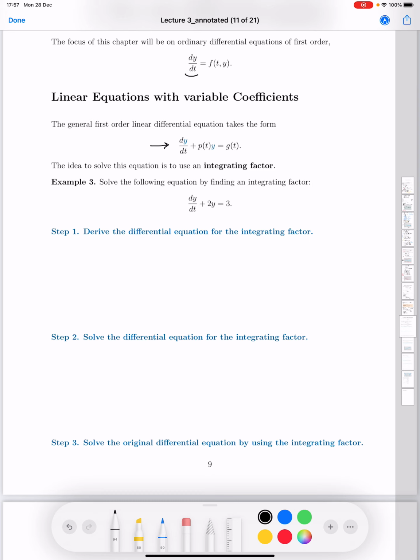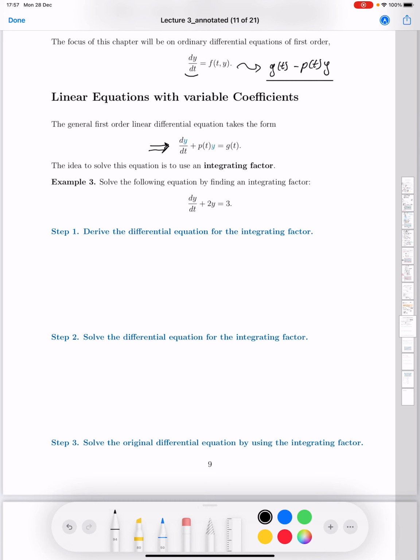In order to see this, if you replace f with gt minus pt times y, which is the general form of a linear function for f, then this is what you will obtain.